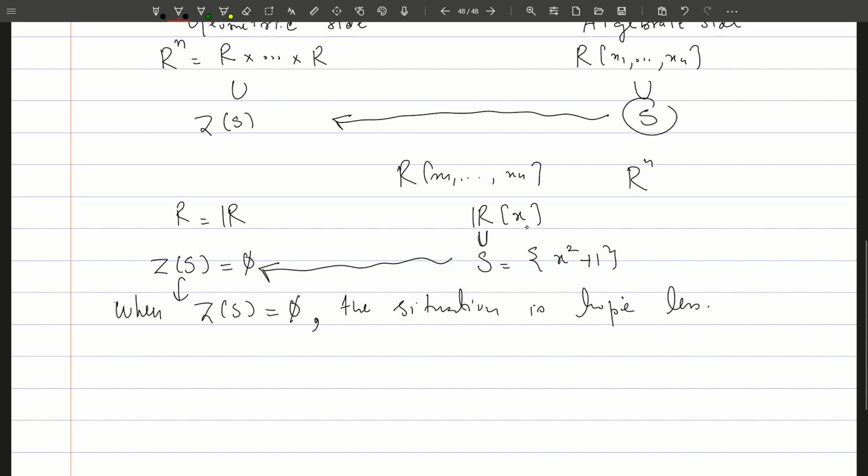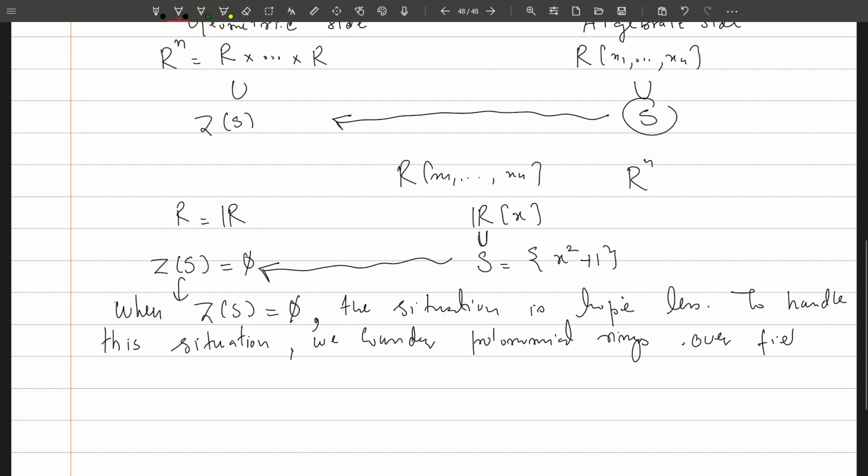Now to handle this situation, we just take our fields to be algebraically closed. So we consider polynomial rings over fields which are algebraically closed.